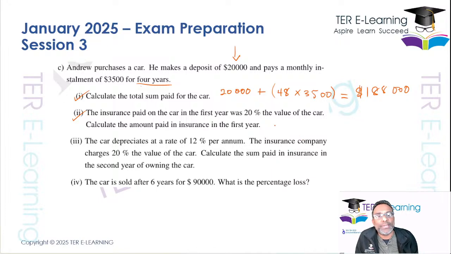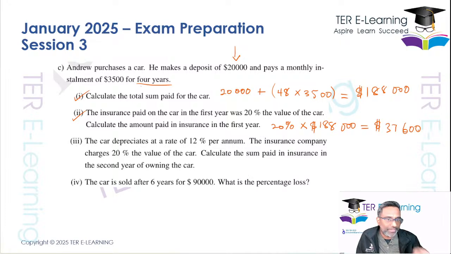So if you want to work out the insurance, it's simply going to be 20% multiplied by the 188,000. So that's going to be 188,000 multiplied by 0.2, and the insurance here is going to be 37,600, right?